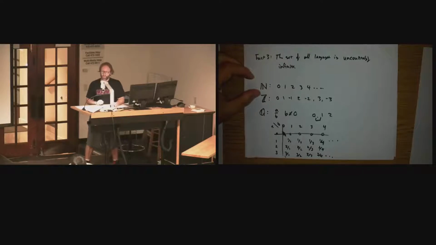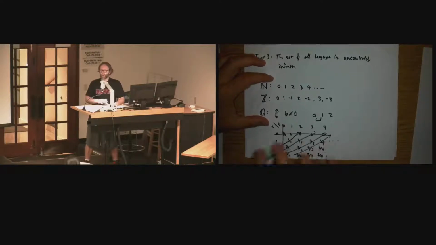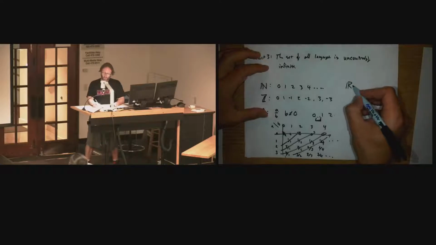Now, here's my enumeration. I'm just simply going to go along all the diagonals. Right? And in fact, there's a simple calculation that you can come up with that would give you any number in this enumeration right here. So even though there are an infinite number of elements in here, I can come up with a formula that tells you that in this enumeration, you're eventually going to get to that one. Right? Can you do that with R?